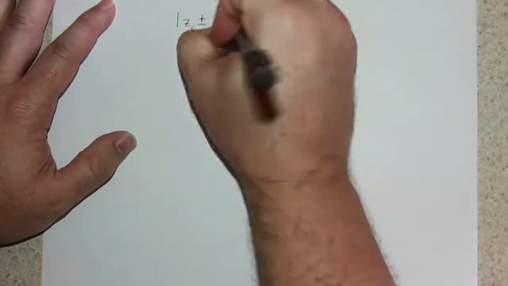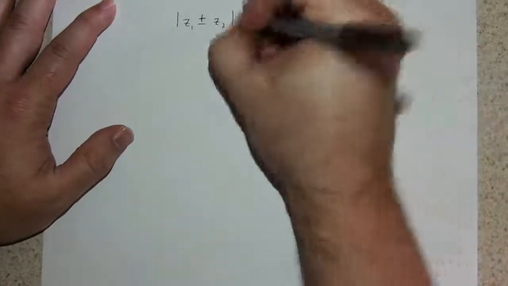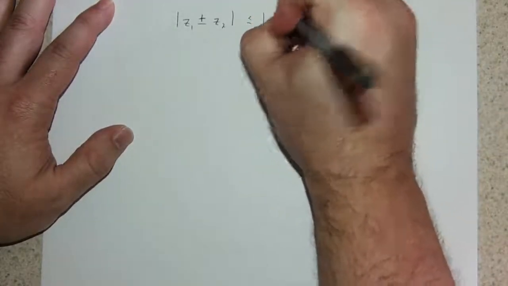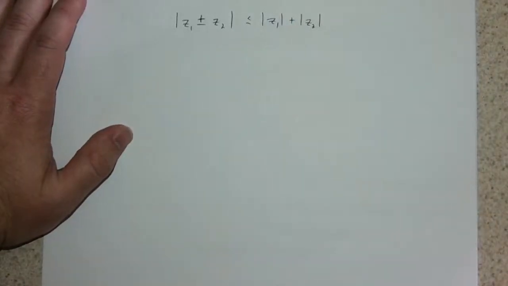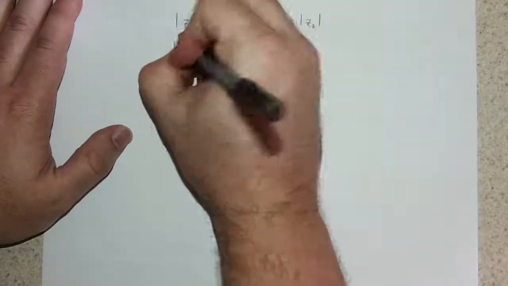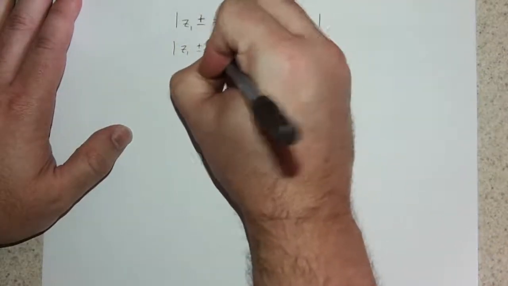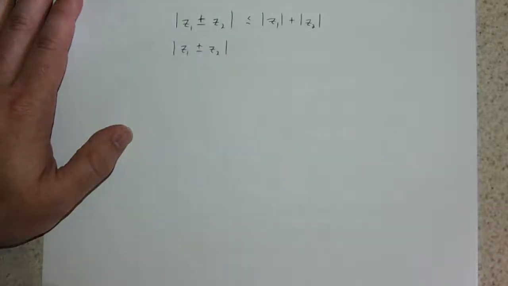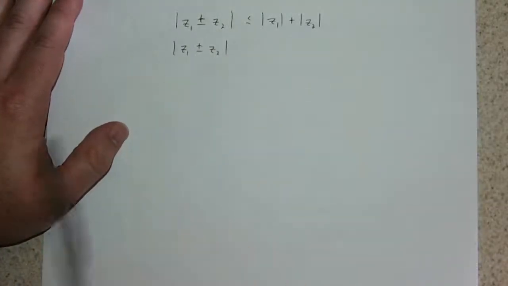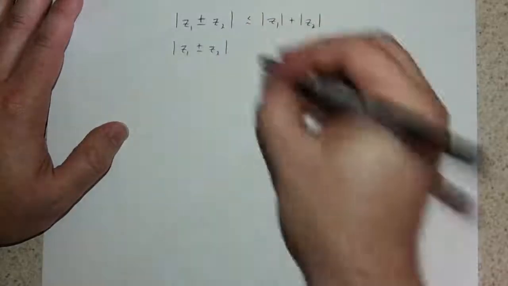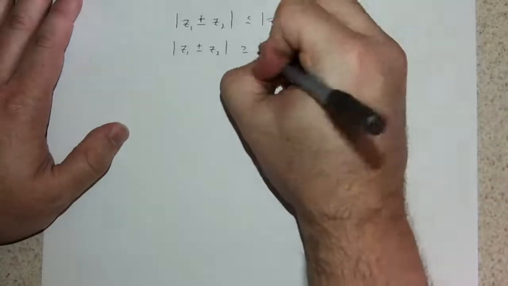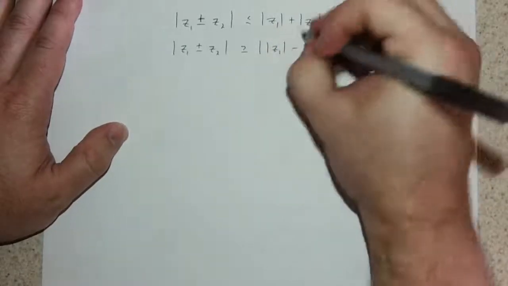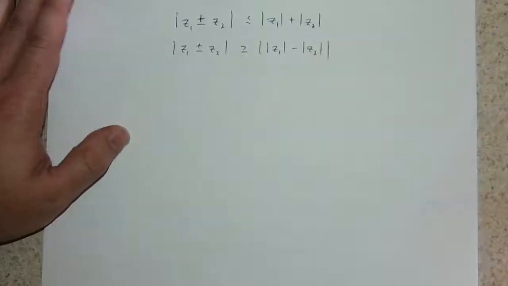So z sub 1 plus or minus z sub 2, doesn't matter which, is less than or equal to the sum of the moduli separately. And similarly, the accompanying companion inequality: whether I'm adding or subtracting these complex numbers, the modulus is greater than or equal to the absolute value of the difference of the moduli.